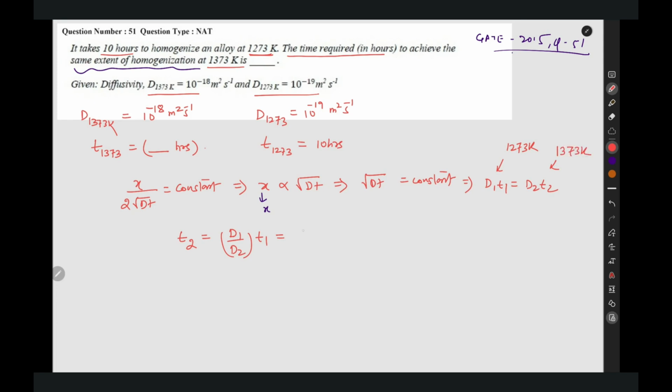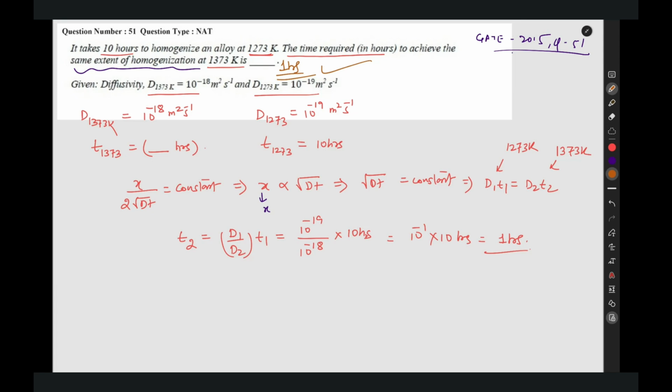So we will put D1 at 1273 Kelvin as 10 to the power minus 19 divided by 10 to the power minus 18 into time given as 10 hours. So it will be 10 to the power minus 1 into 10 hours. It will be 1 hour. So the answer for this question is 1 hour.